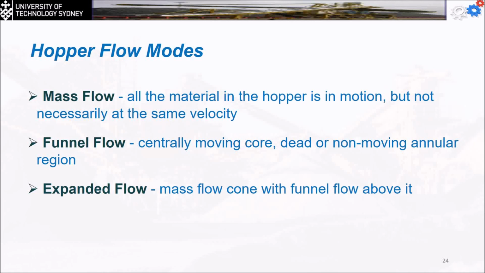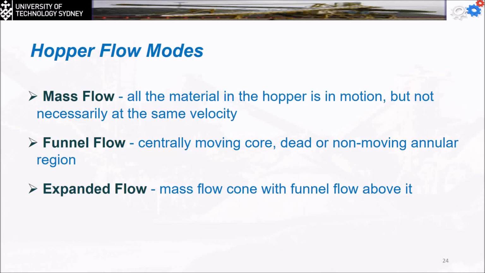For the funnel flow, there is a centrally moving core, so everything flows only from the middle, but the material on the outside is static. So it's either dead or no moving annular region occurs. We finish with a hole in the middle, what they call the rat hole, because I'll show you, it actually looks like a rat hole. And we have the expanded flow, where the massive flow cone has the funnel flow above it.